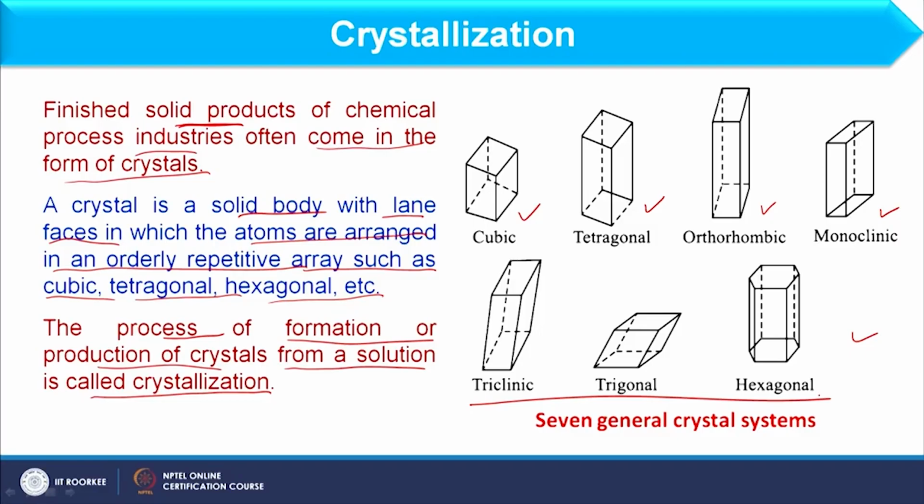And if you see in this image, we have several general crystal systems such as cubic, tetragonal, orthorhombic, monoclinic, and similarly we have many others. Okay. So these shapes are very definite. If I give some example, say you are dealing with mica.